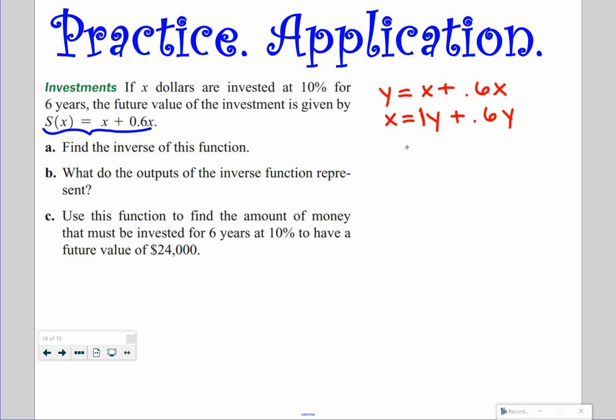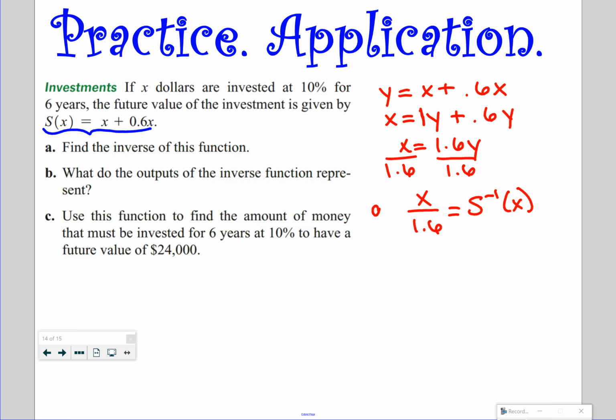You could just add these together. Some of you may have factored the y out, and then you're left with 1 plus 0.6, but either way, you should get 1.6y. And then to solve for y, you just divide by 1.6 on each side. So your inverse is x over 1.6, and then instead of y, I'm going to go back to function notation. Okay, all right, so that's part A.